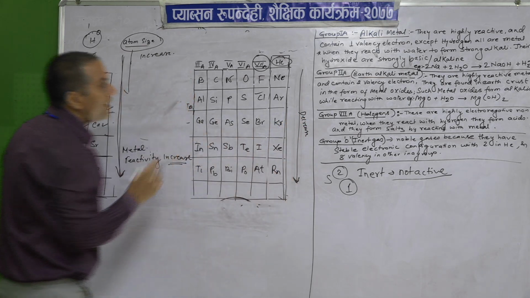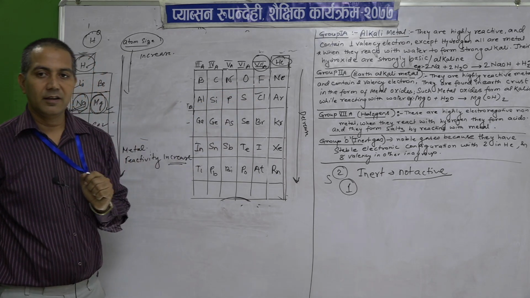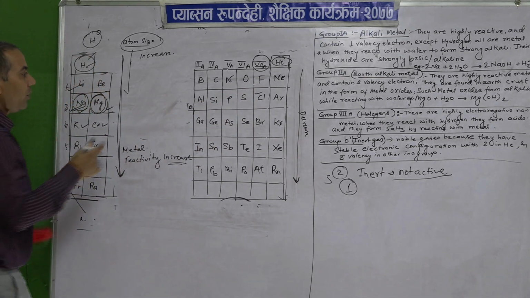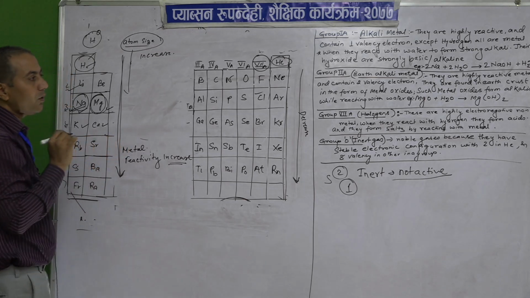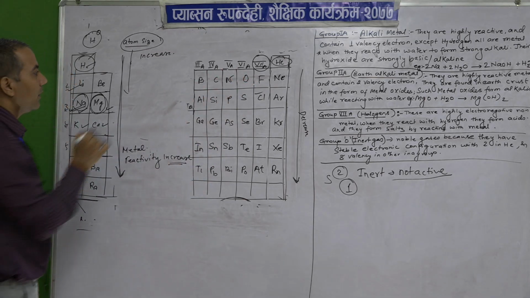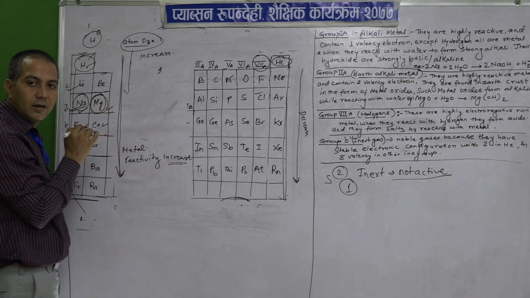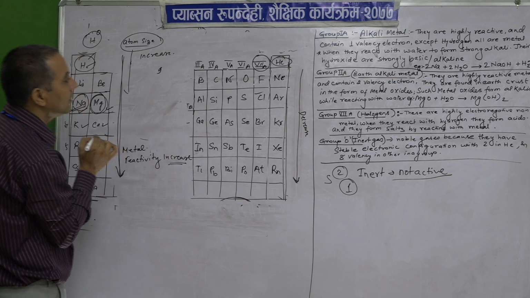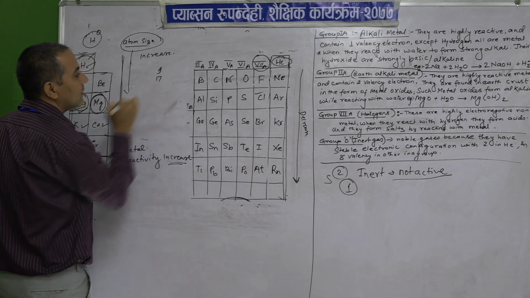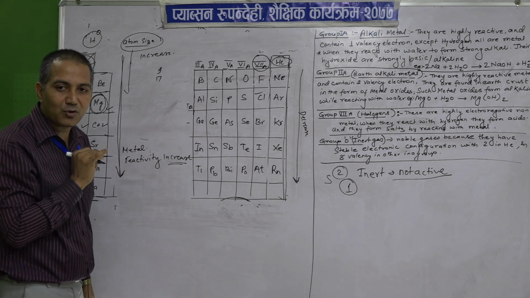Now, can you say whether fluorine is more reactive or chlorine? What is the atomic number of fluorine? That is 9. Chlorine, what is it? I think 17, if I am not wrong.